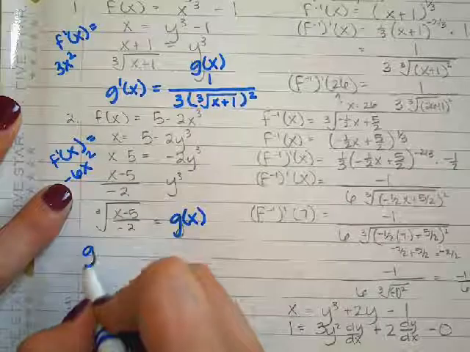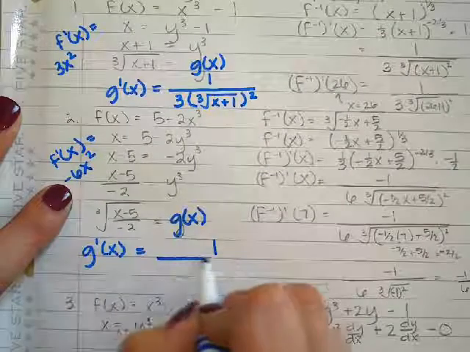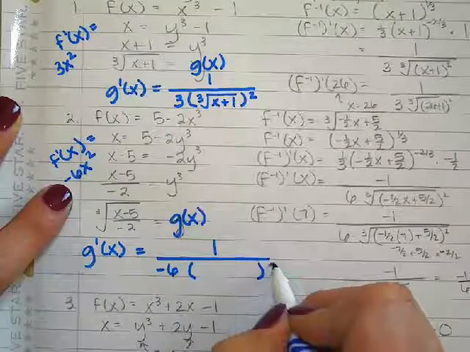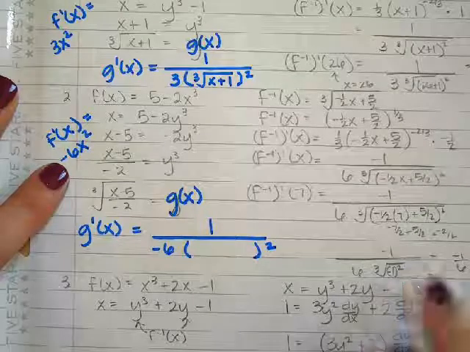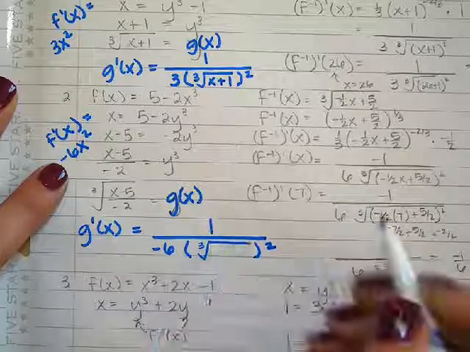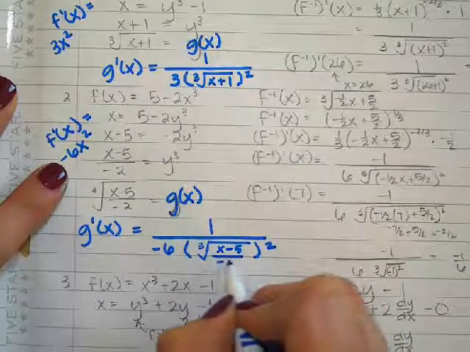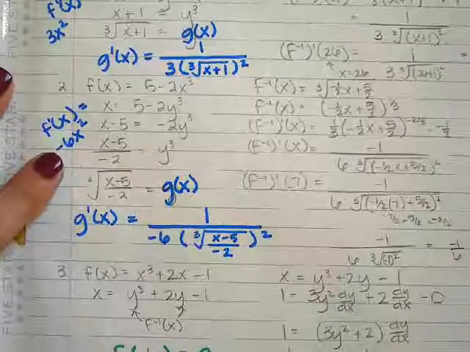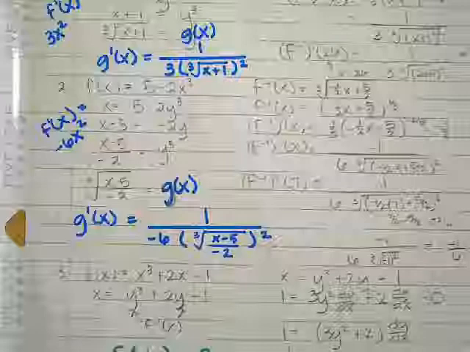So now I've got g prime of x is 1 over negative 6x squared. And then inside I've got that cube root of x minus 5 over negative 2. And you can just do it like that, yeah.